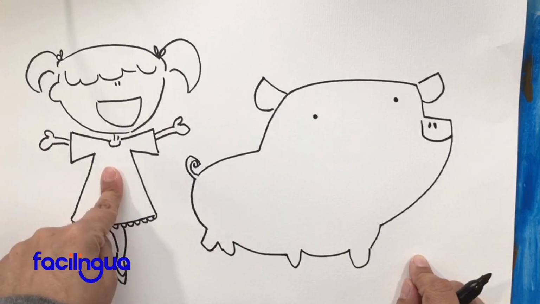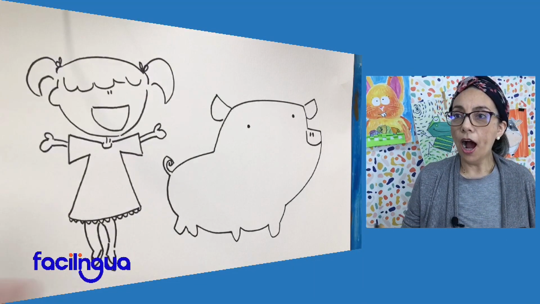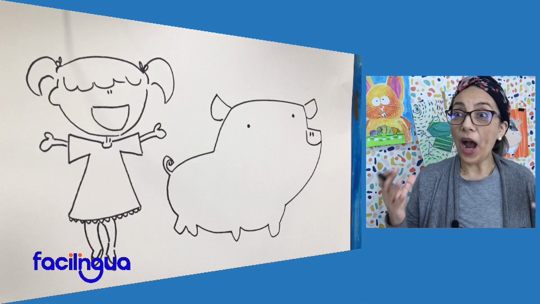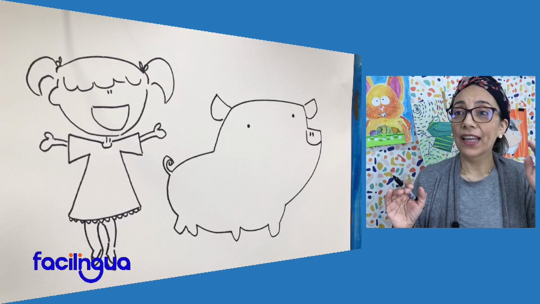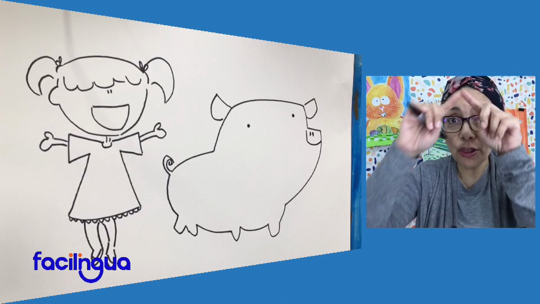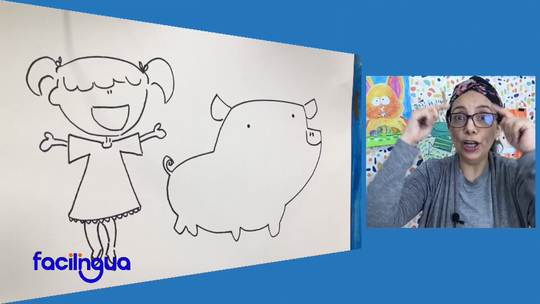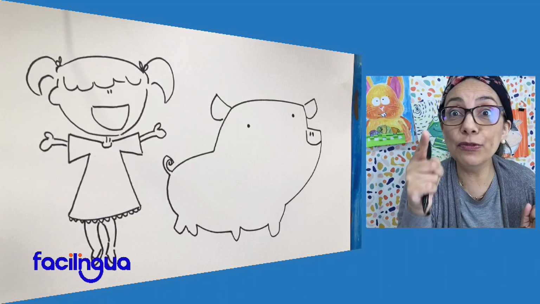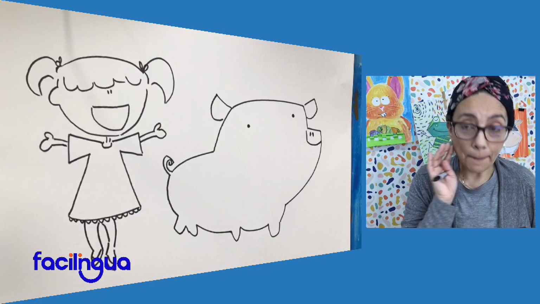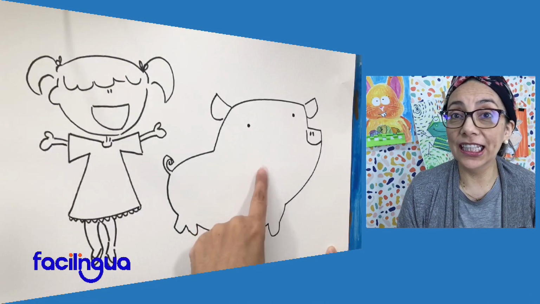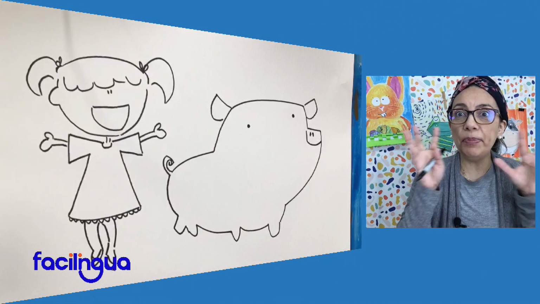The little girl, she looks through the window. Wow. So the little girl looks through the window in her house, and outside she sees a pig, cerdito, a pig.